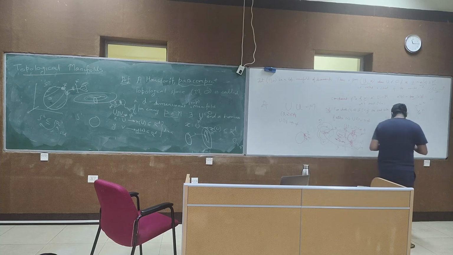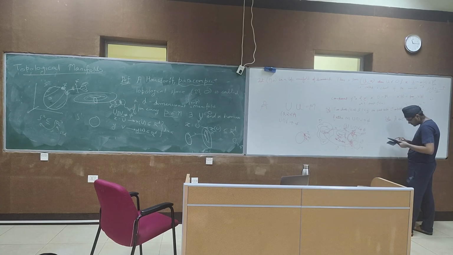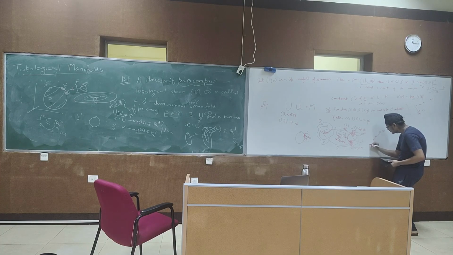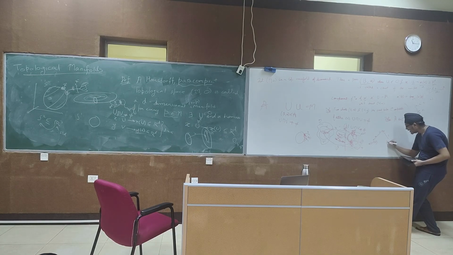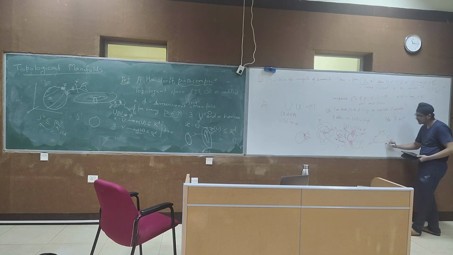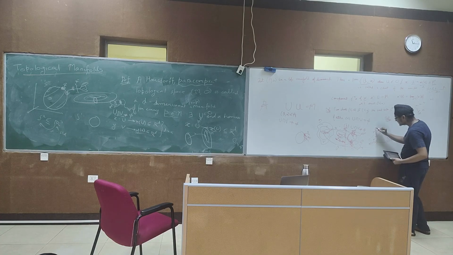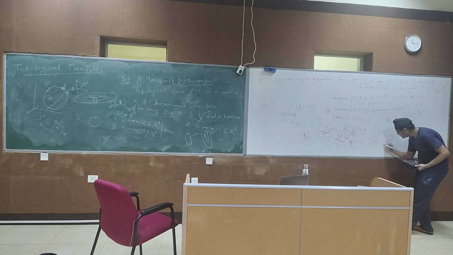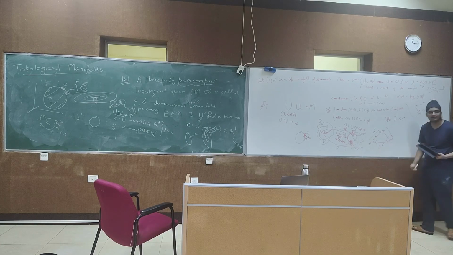I will paint a picture for you. U intersection V: x maps to x of U intersection V, y maps to y of U intersection V. Now I want to go from here to here. To do that, I first go back by x inverse, and then go forward by y.